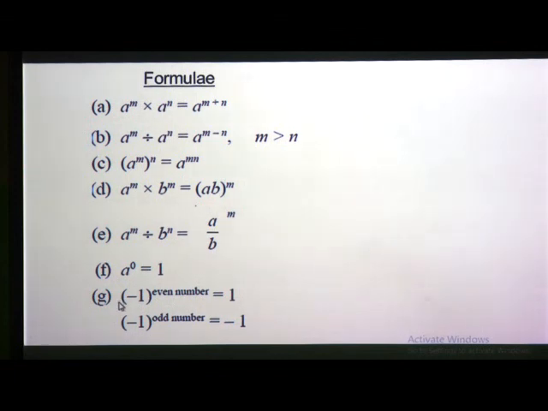Here we write minus 1 given as the base. When the power is an even number, you will get the answer as plus. Already I had told you during the examples when we were solving, and if it is minus 1 and the power is odd, we always get the answer in minus.